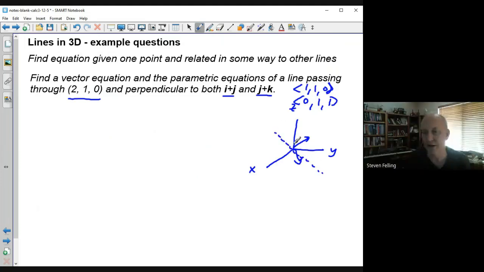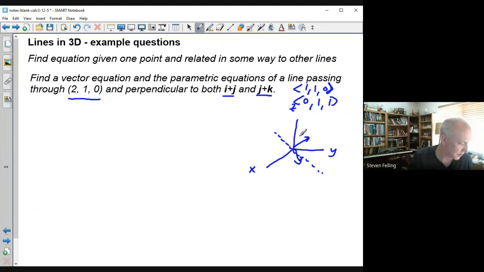And one way we can get a vector that is perpendicular to two others is if we do a cross product. So let's do the cross product of these two vectors first to get the direction vector, right? So let's call this vector A, and let's call this vector B, and I'm going to say my direction vector V is going to be whatever I get when I take A cross B.